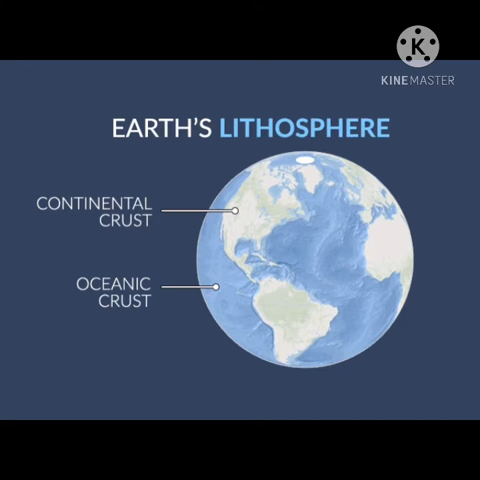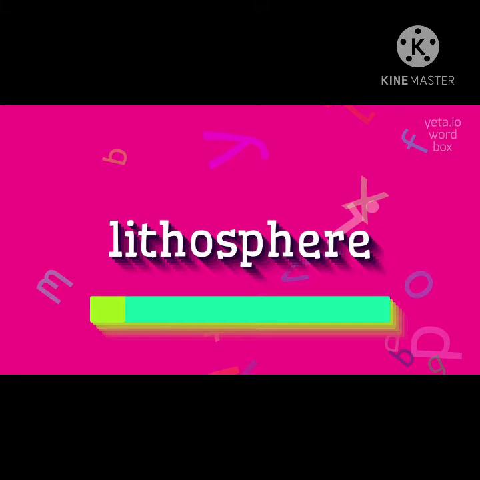Lithosphere comprises 29% for the continents, whereas 71% for the ocean beds. Many physical features which you have studied in your previous chapters, like mountains, plains, plateaus, are all present in the lithosphere, and these physical features are of utmost importance because they support a variety of flora and fauna.